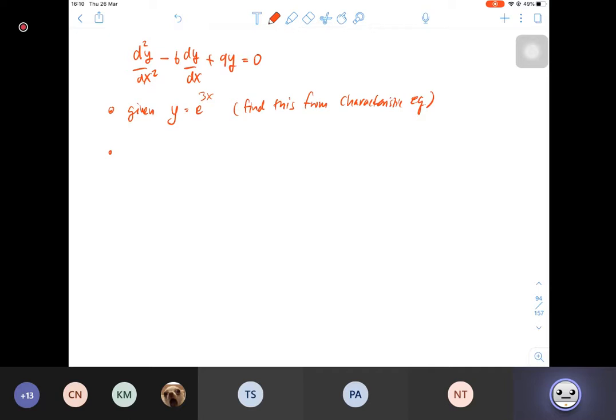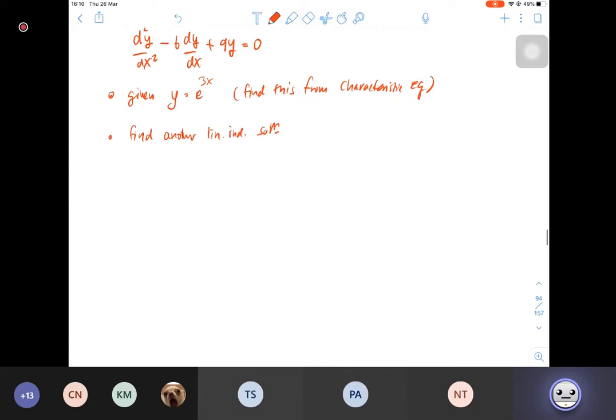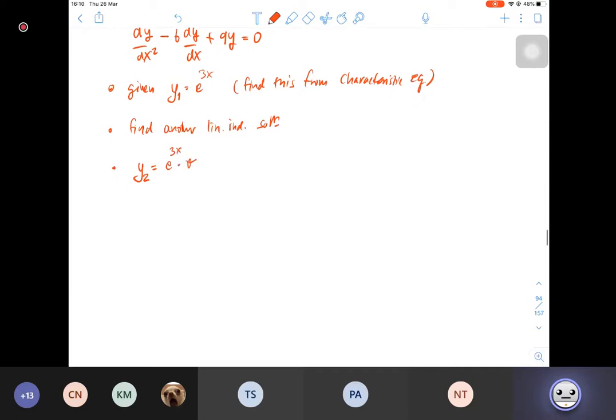So you need to find another linearly independent solution. All right. So what we do is we transform, this is y1, right? So we say y2 equal to f of x, which is y1 times v.